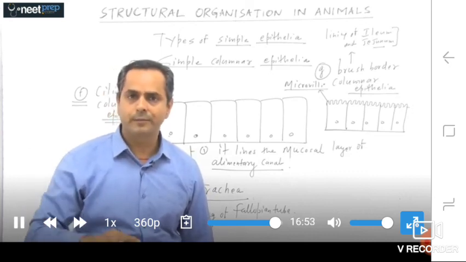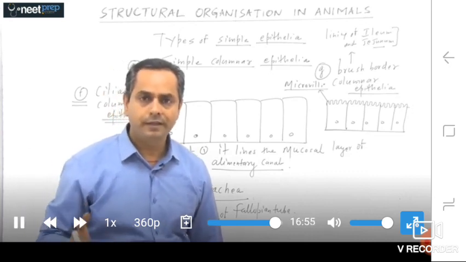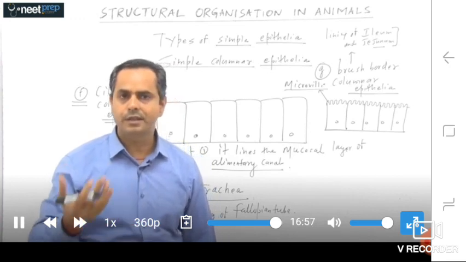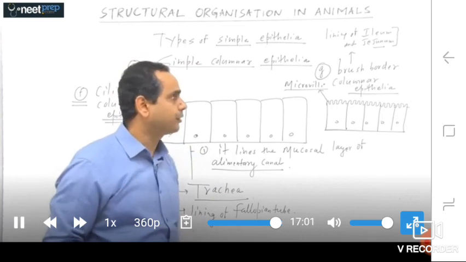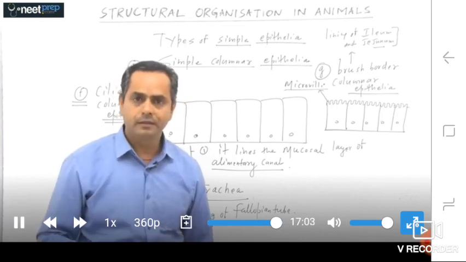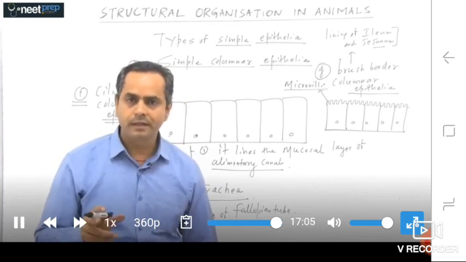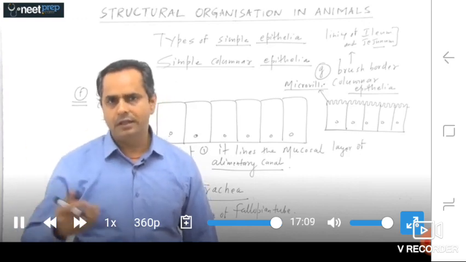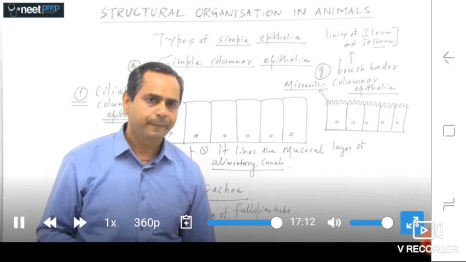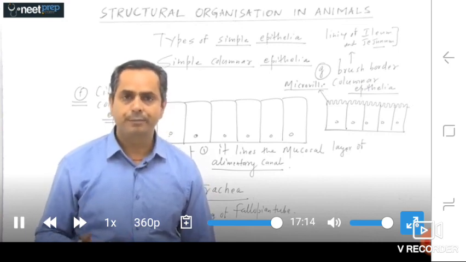Remember, reabsorption happens in the nephric tubules, where we see the structure of brush border cuboidal, and here it is the activity of absorption that mostly happens in the ileum and jejunum of the small intestine, and here we can see the structure of brush border columnar epithelia.